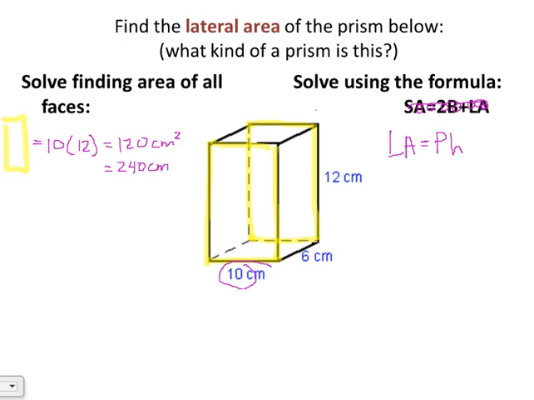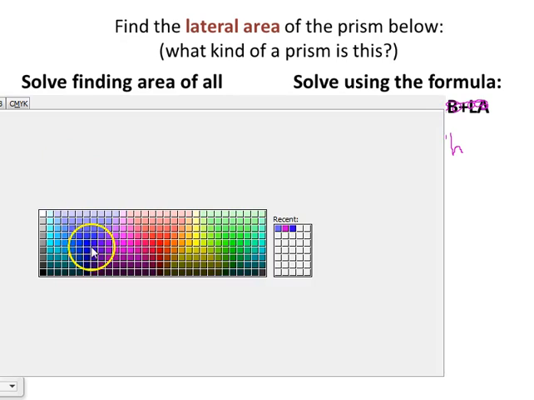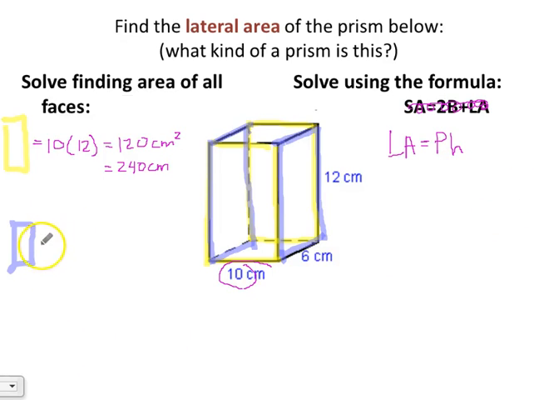Now we need to find the other two sides, which is this side here, and then that mirror image, the same dimensions over here. So that base and that height, we're going to multiply together. The base is 6, the height is 12. 6 times 12, we get 72 centimeters squared. And again, there's two lateral faces that have those same dimensions.